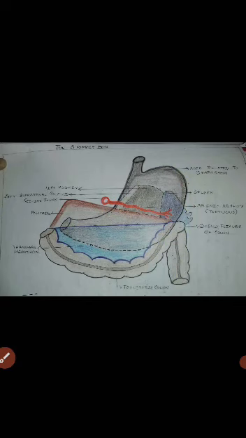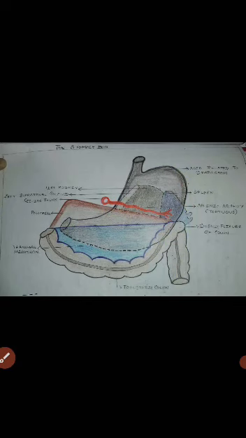Along the greater curvature, the stomach is supplied by the right gastroepiploic artery and left gastroepiploic artery. The right gastroepiploic artery is a branch of the gastroduodenal artery and the left gastroepiploic artery is a branch of the splenic artery. And the fundus of the stomach is supplied by 5 to 7 short gastric arteries, which are branches of the splenic artery.